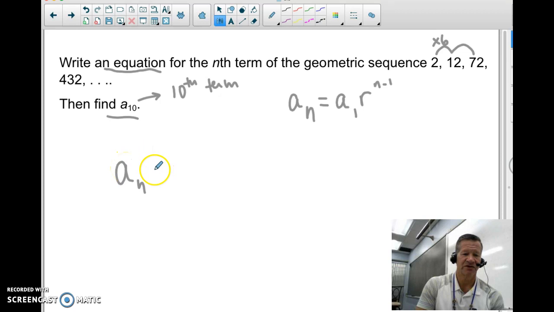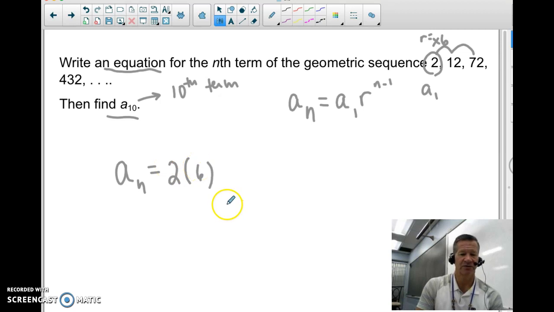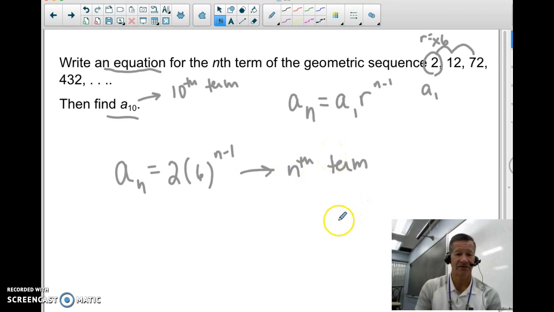I can find any term by taking the first term, which is 2. So a sub 1 is 2 in this case, and the ratio is 6. So starting with the first term of 2 and multiplying that by 6, I'm going to put it in parentheses to show multiplication, and then raise that to the n minus 1 power. This is what they are looking for when they're asking for the nth term. It's just the formula that will find any term.